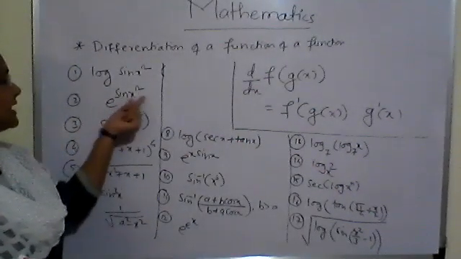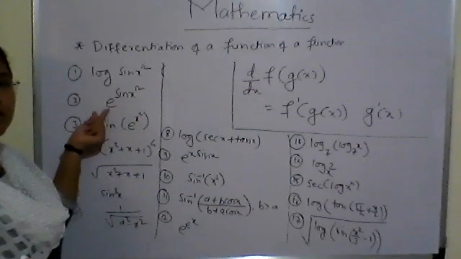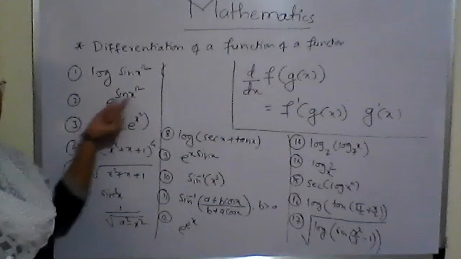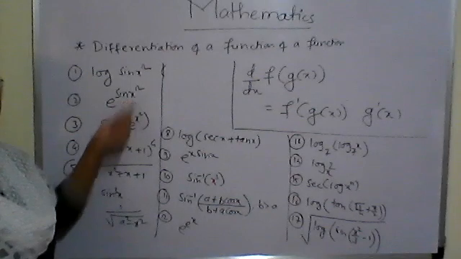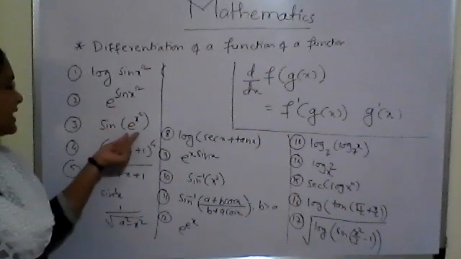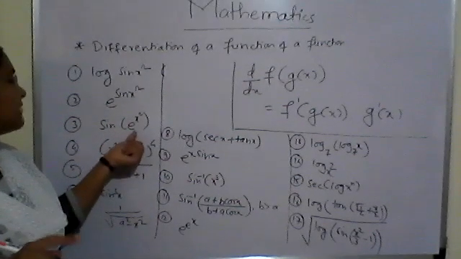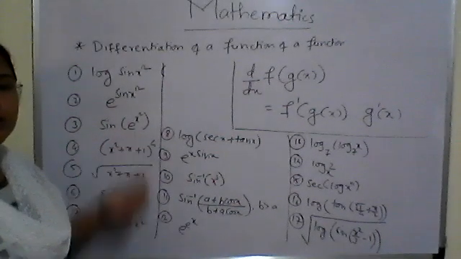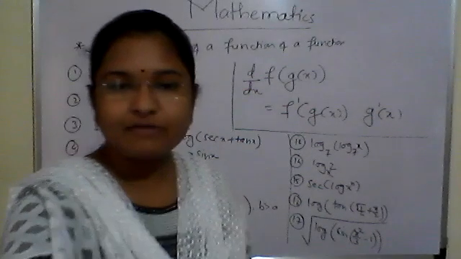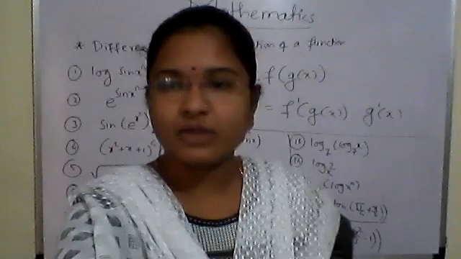E raised to sine x square: first function is the exponential function e raised to x, second function is sine x square. Okay. First function is the sine function and second function is e raised to x square. Okay. Have you written all? Utkarsh?